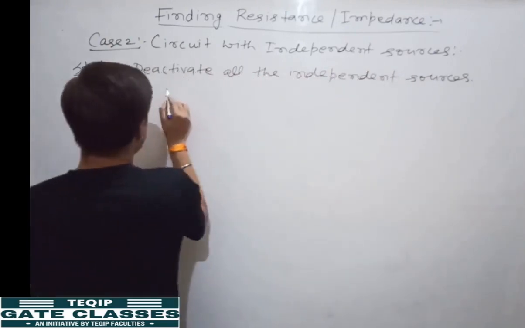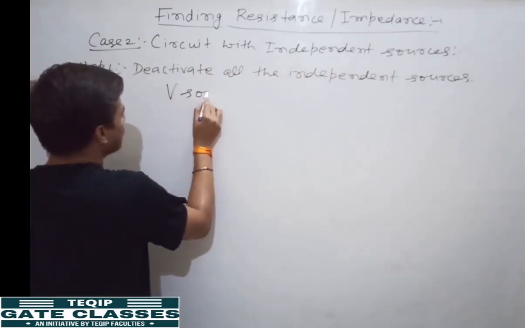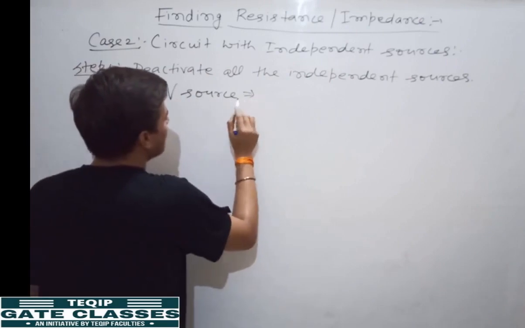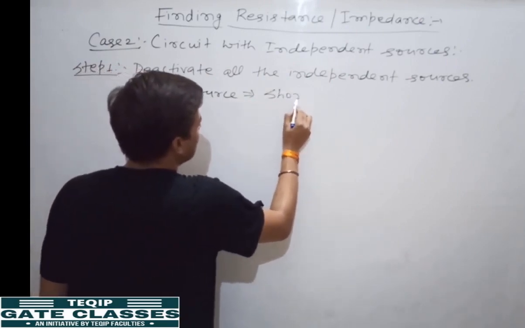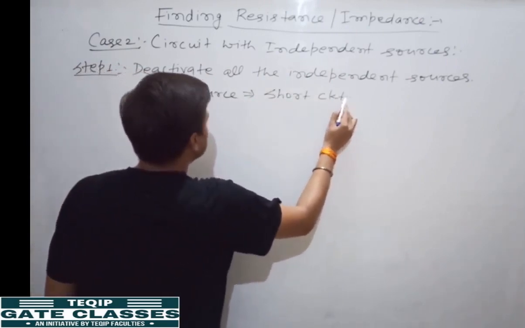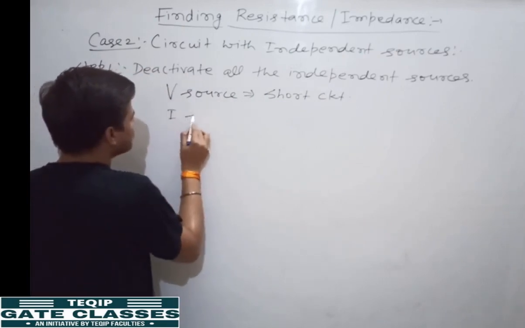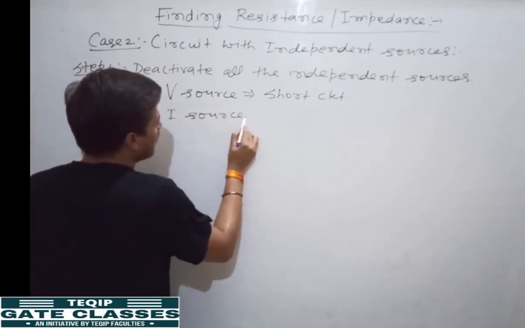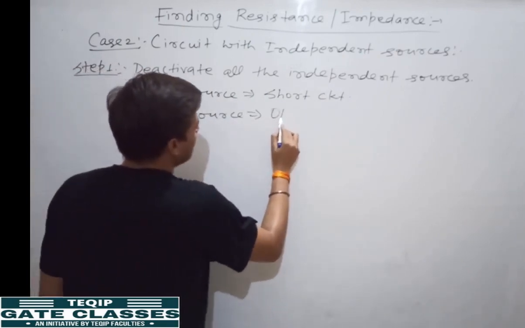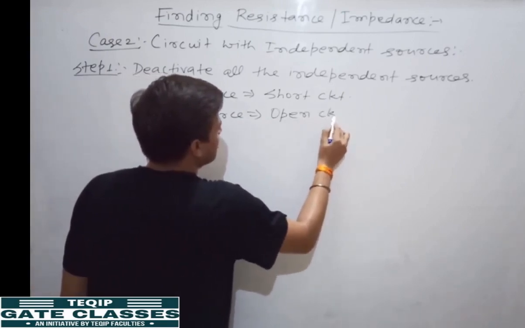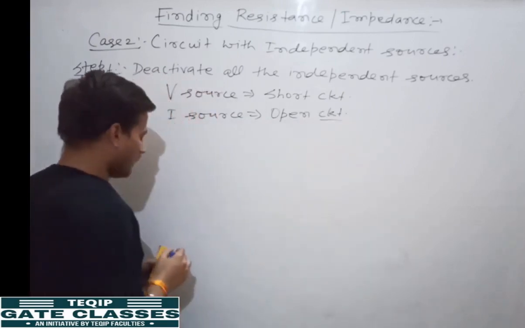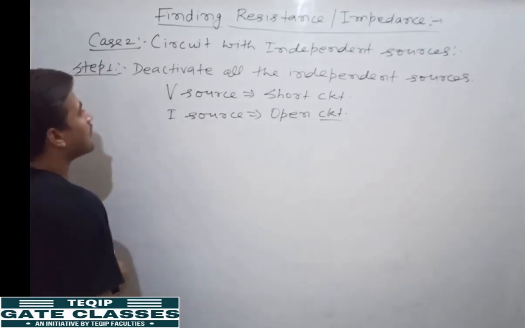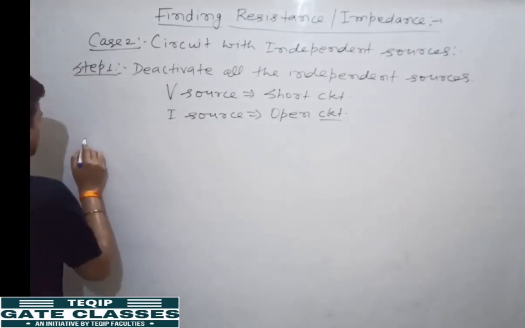That means if you are having voltage source, then it will be replaced by short circuit. And if you are having current source, it will be replaced by open circuit. Clear?